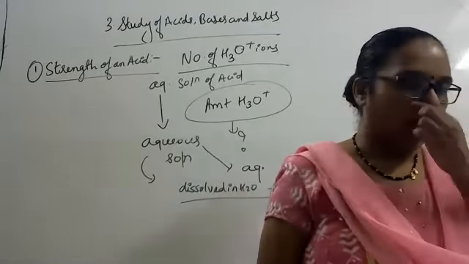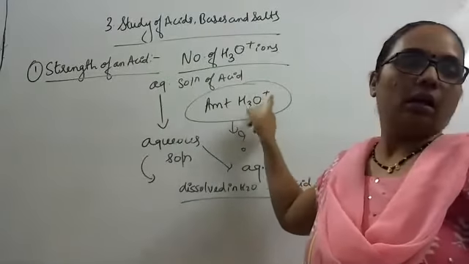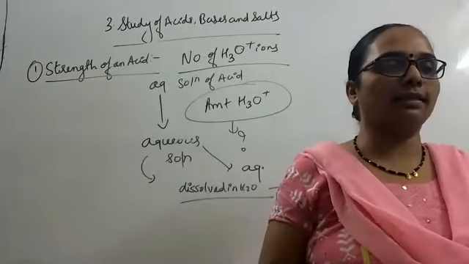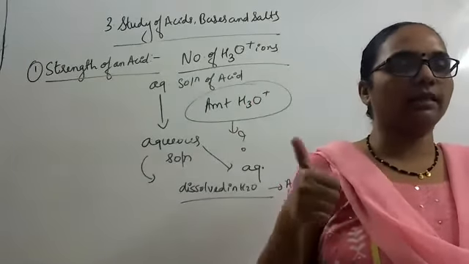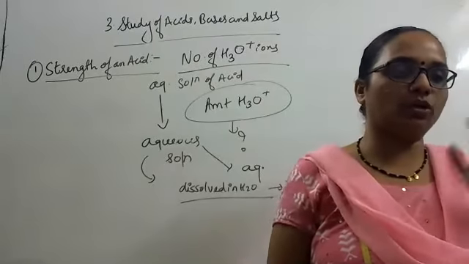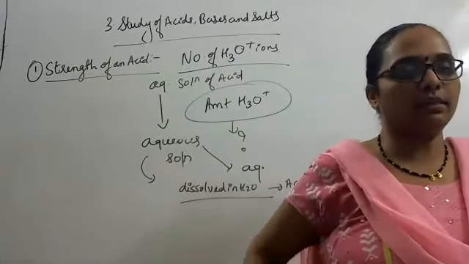All acids contain this positively charged ion, either H plus or H3O plus. And compulsorily all acids have hydrogen ion. HCl, H2SO4, HNO3, all these contain hydrogen ion. So hydrogen ion will compulsorily be in all acids.